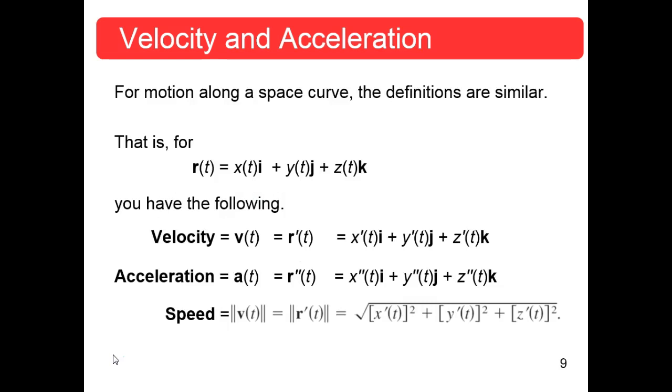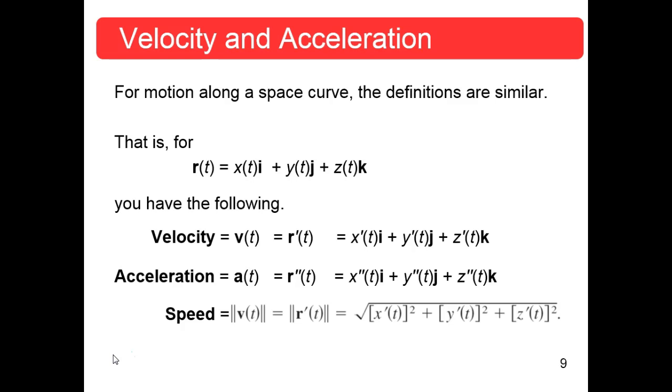All right, for motion along a space curve where you have three dimensions, all the definitions are very similar. It's just that r of t is now x of t i plus y of t j plus z of t k. Three dimensions here, and you have the velocity vector being x prime of t i, y prime of t j plus z prime of t k.